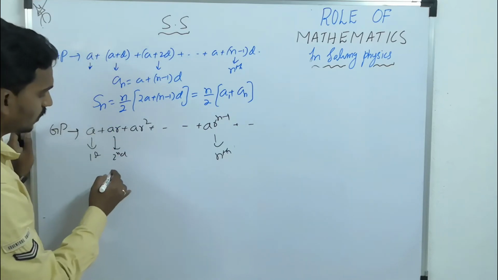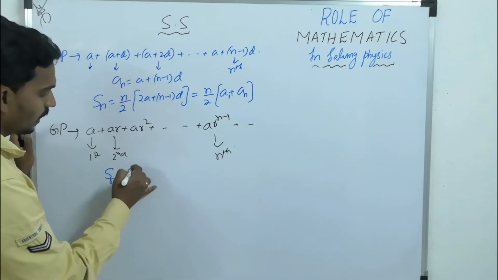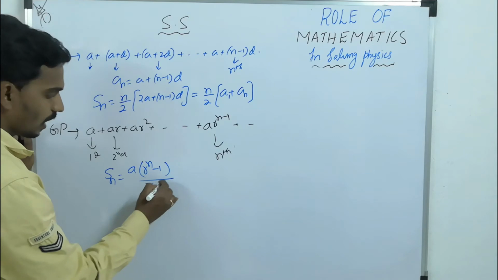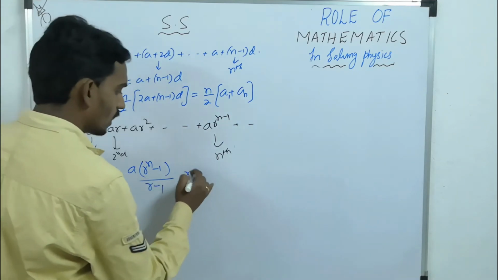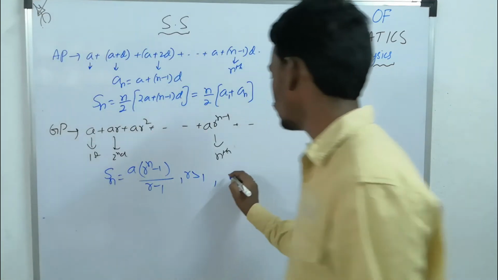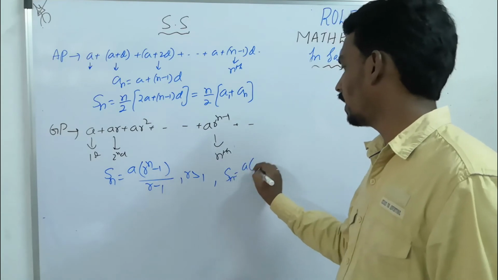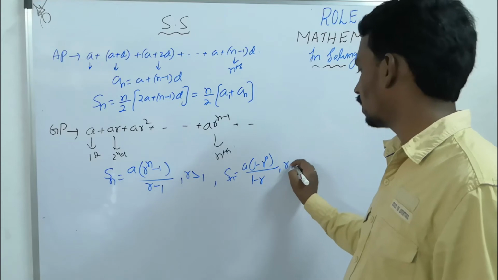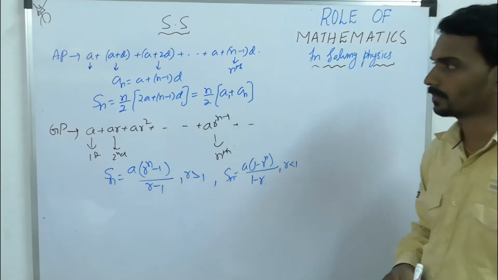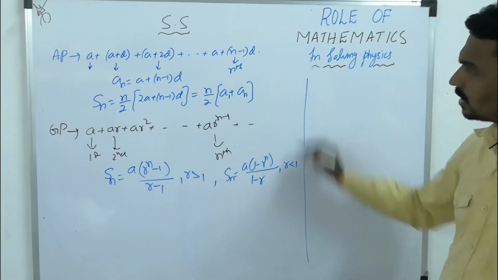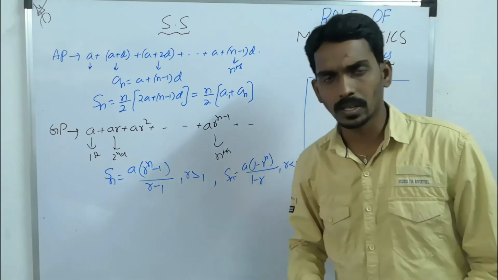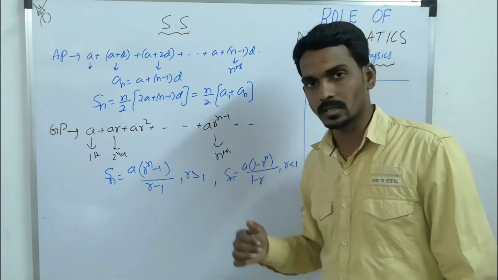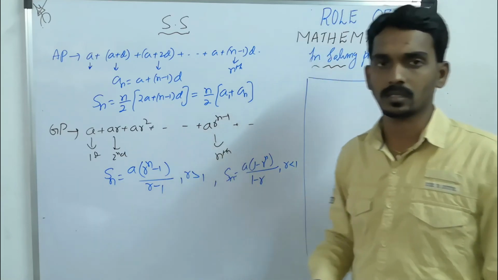So the sum will become Sn equals a into (r power n minus 1) by (r minus 1) if r is greater than 1, or else Sn is a into (1 minus r power n) by (1 minus r) if r is less than 1. But for these two conditions, there are fewer chances of getting questions or applications in solving physics.